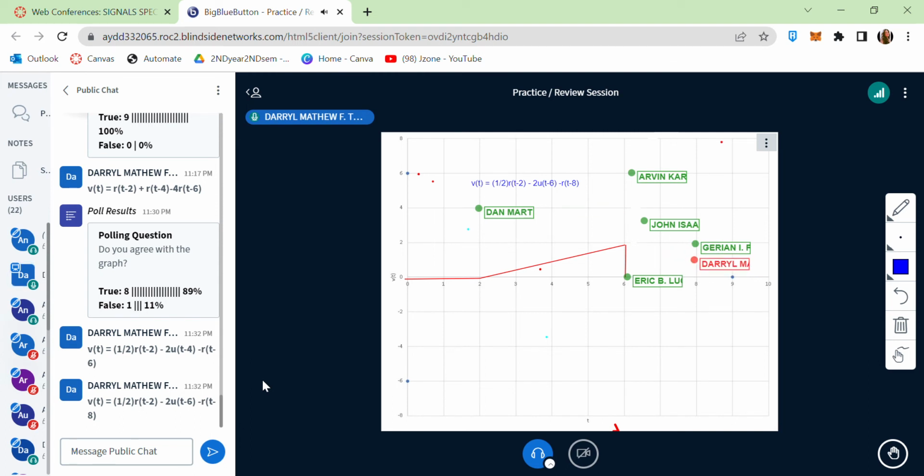So 1/2 times delta t natin would equal delta v. So delta t natin is 2 times yung slope. Therefore, delta v natin would be equal to 1 for a delta t of 2. Which basically means parang banda dito yung magiging point natin.